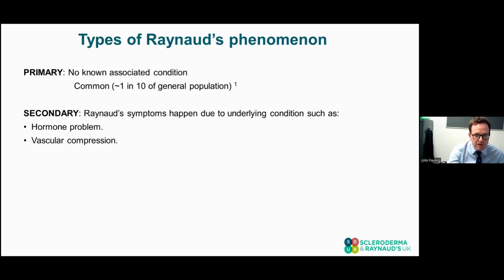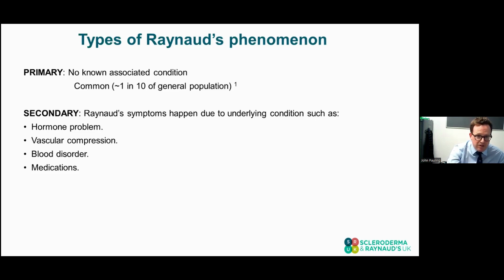When vascular compression is the issue, the symptoms might just affect one side of the body rather than both. It could be an underlying blood disorder, and there are a number of different abnormalities of the blood that can make the blood more sticky and want to clog up the blood vessels, and that can lead to a reduced flow of blood down to the fingers.